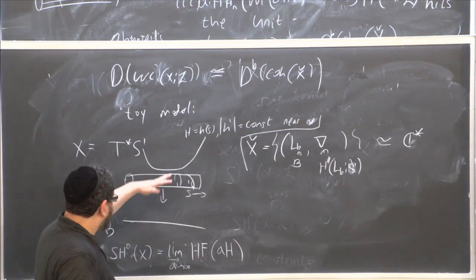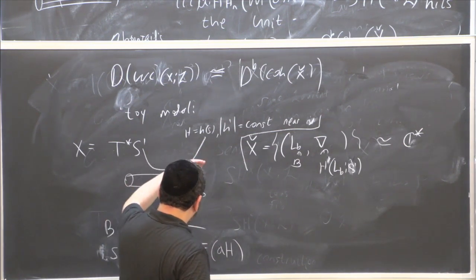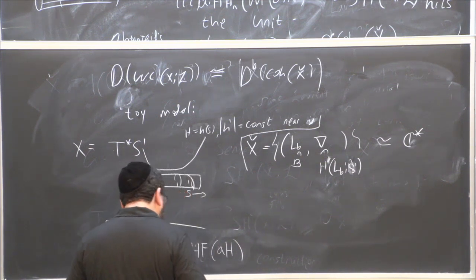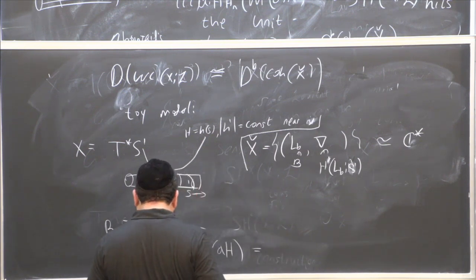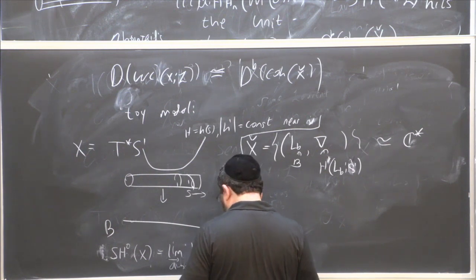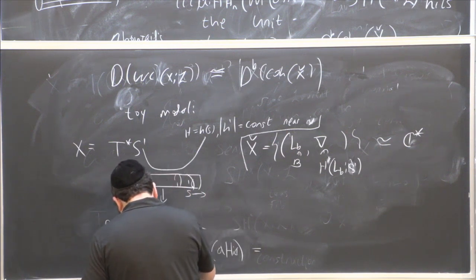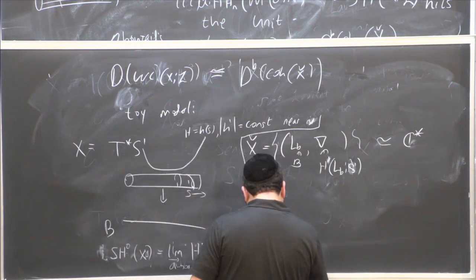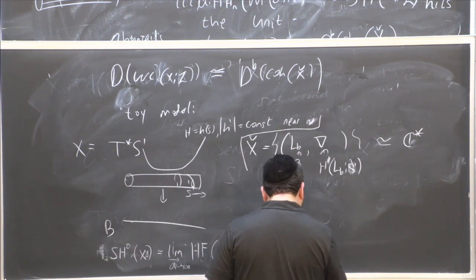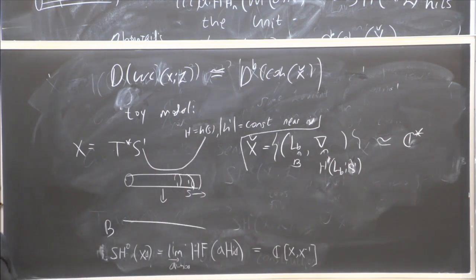When we increase the slope, we get periodic orbits which correspond to higher and higher windings around. Let's work with coefficients in C. As a module, and actually as a ring, it's equal to the algebra of Laurent polynomials.